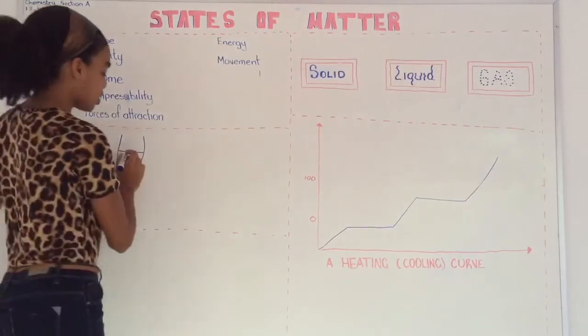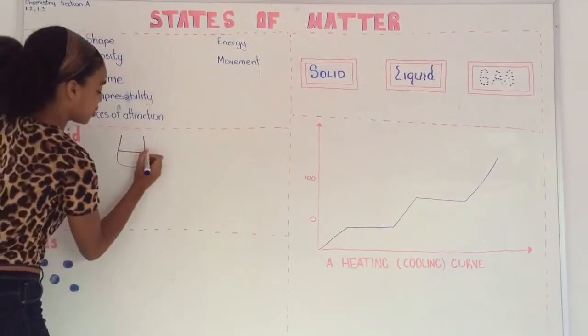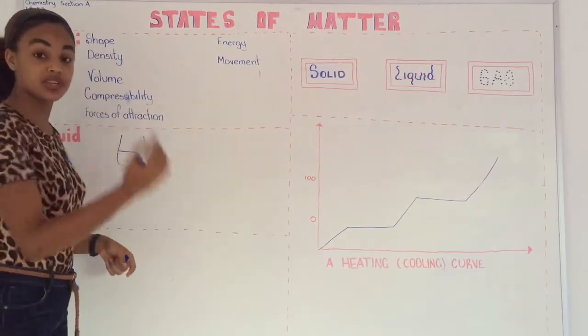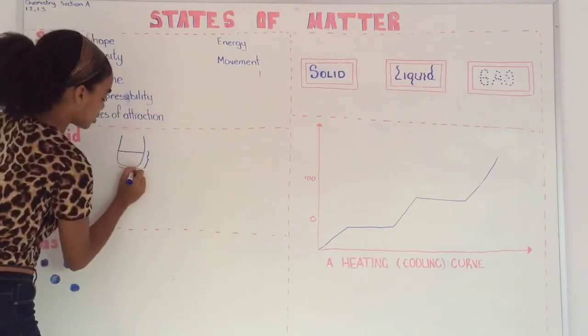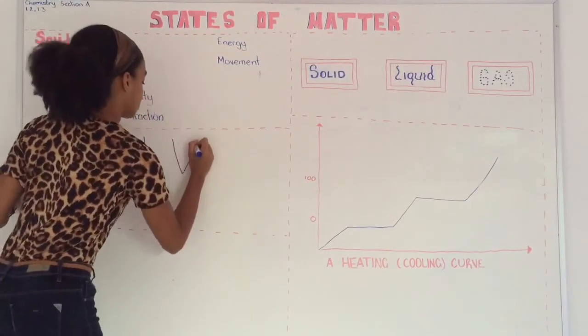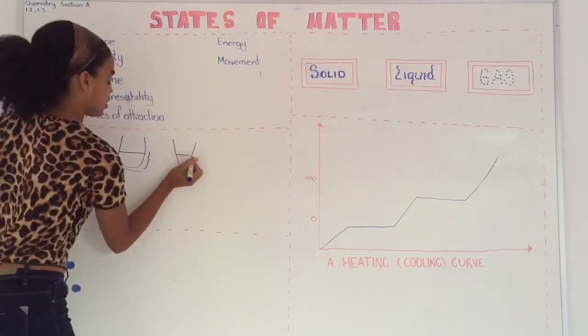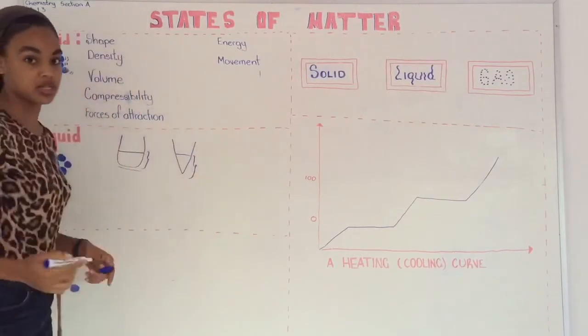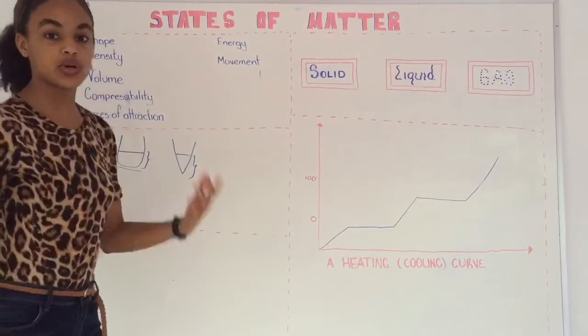We say that the shape of this liquid takes the shape of the part of the container that it fills, or the bottom of the container. If it was a triangle shaped container, even though it's the same liquid, it takes the shape of the triangle shaped container, and so on and so forth.